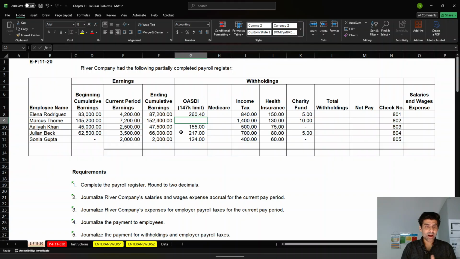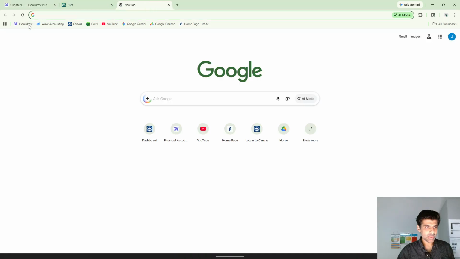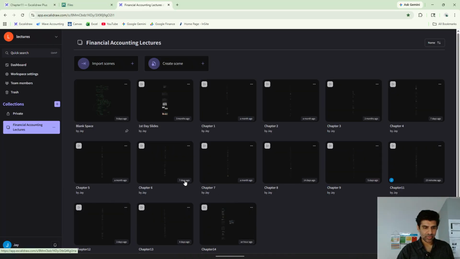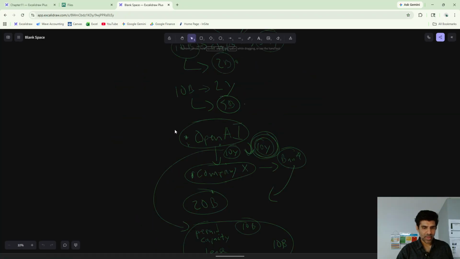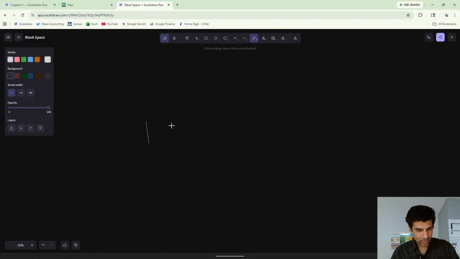Okay, so how should I calculate the OASDI amount for this second person? Well, again, let's just draw this out so we're kind of on the same page. Up until this point, they have earned 145,200.